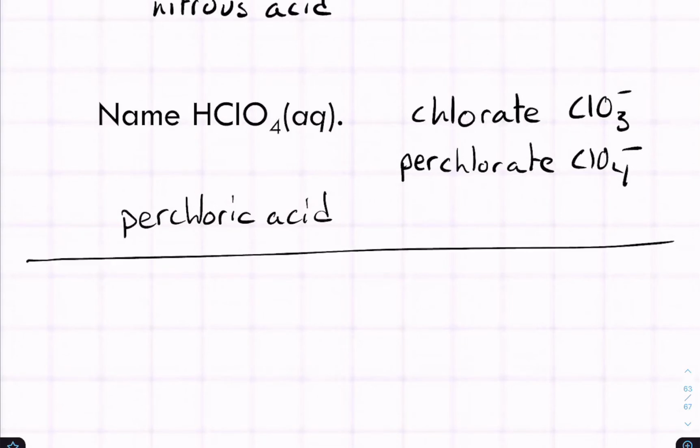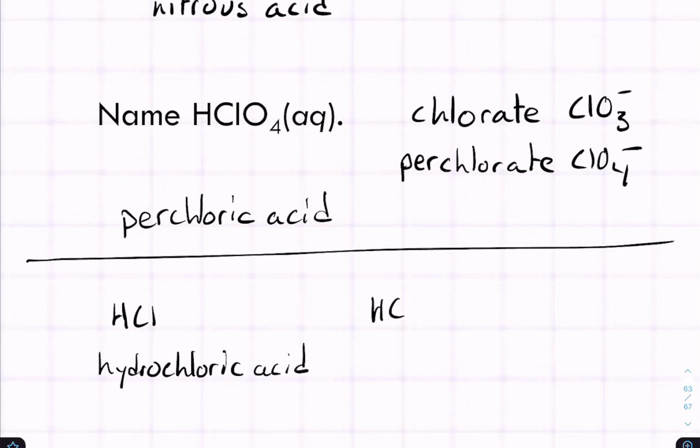Put a line here to separate this. So if you had something like HCl, and this is the reason that hydro is included for binary acids and why we have to leave it off for oxyacids, that would be hydrochloric acid. But if we had HClO3, that's just chloric acid.